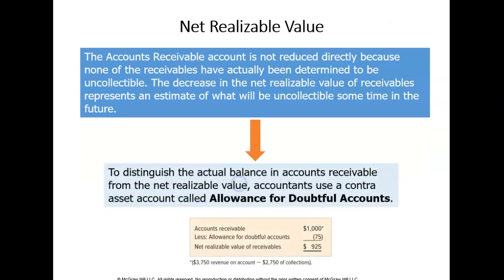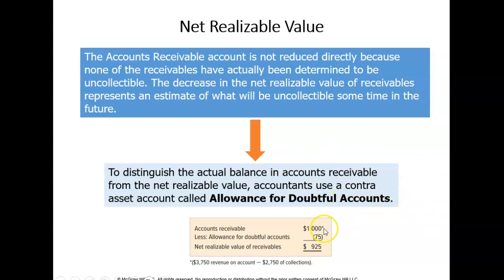So now let's take a look at how that's going to impact the balance sheet, the allowance, and the accounts receivable account. So remember that total sales were $3,750. They paid us $2,750. They still owe us $1,000, right?